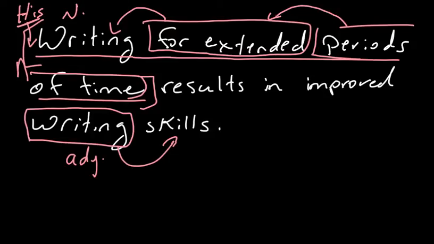One more thing to point out here is that gerunds and gerund phrases always function as singular, especially if they are subjects. If we look at this example, the subject of the whole sentence is the whole gerund phrase, "writing for extended periods of time."